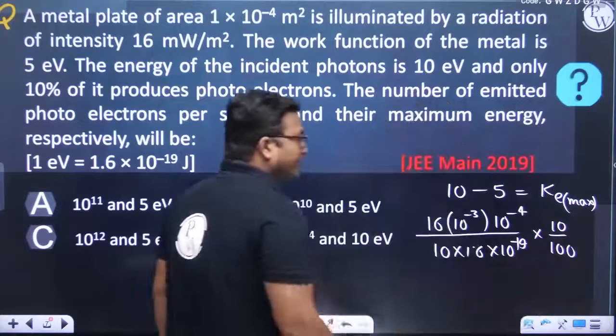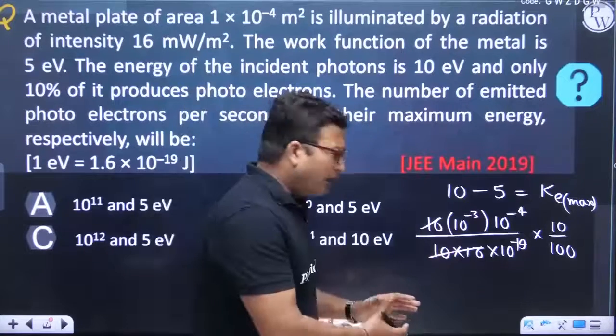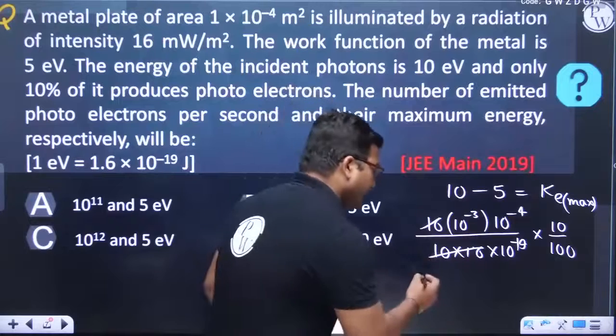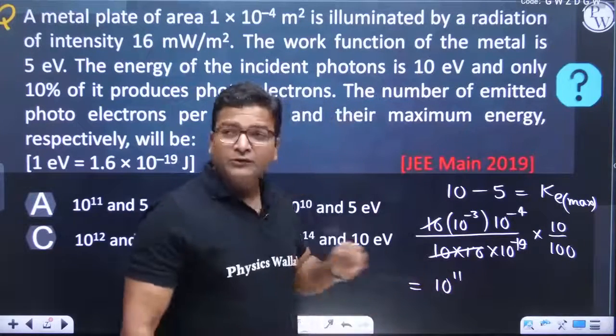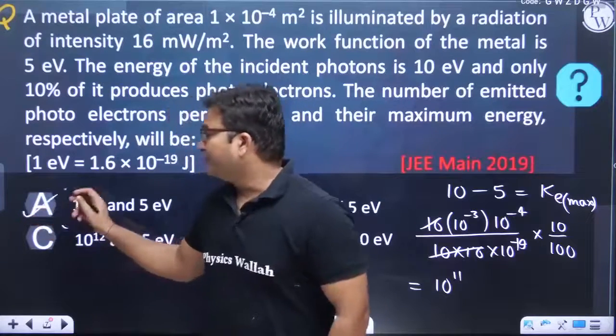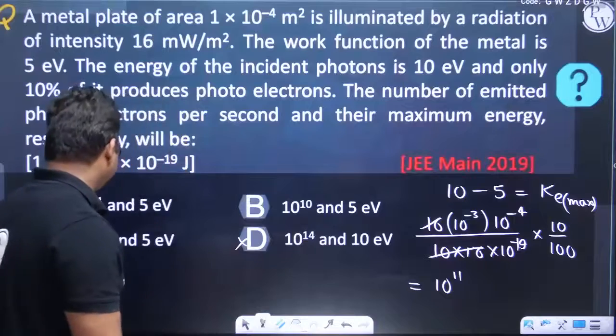Let us calculate this. This 16 and this 16 cancel out. After solving this, the value is equal to 10 to the power 11, and if it is 10 to the power 11, then A is your perfect choice. So over to the next question now.